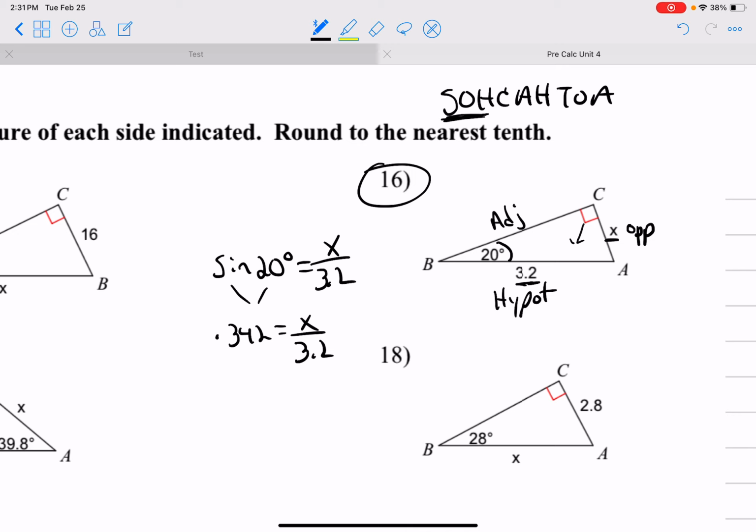I'm trying to now solve for x, so I'm going to multiply by 3.2. I end up with x equals 0.342 times 3.2 equals 1.094 actually. So this is telling me x is 1.094. All right, I just figured that one out.